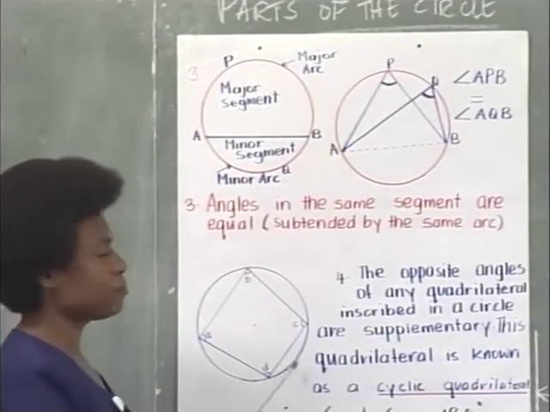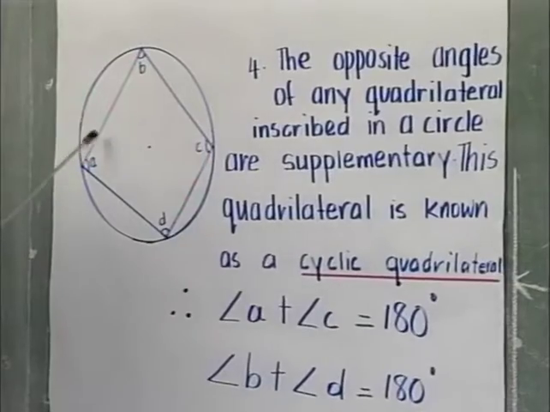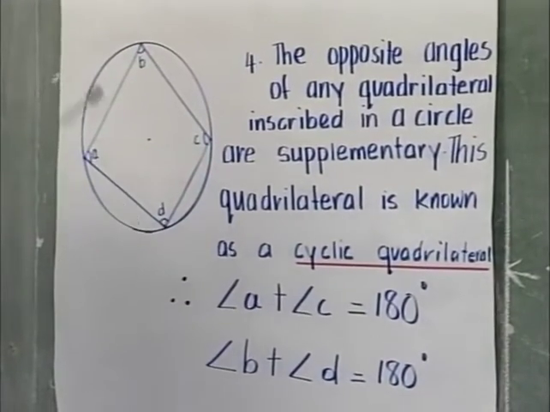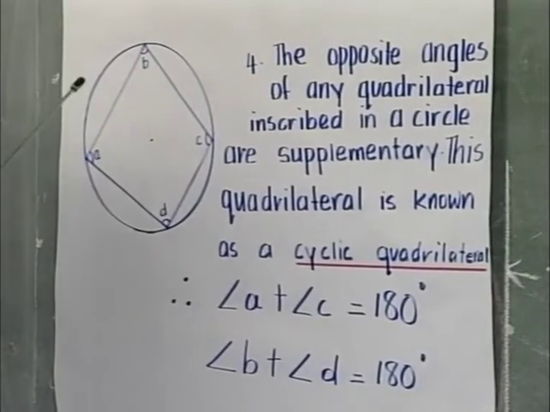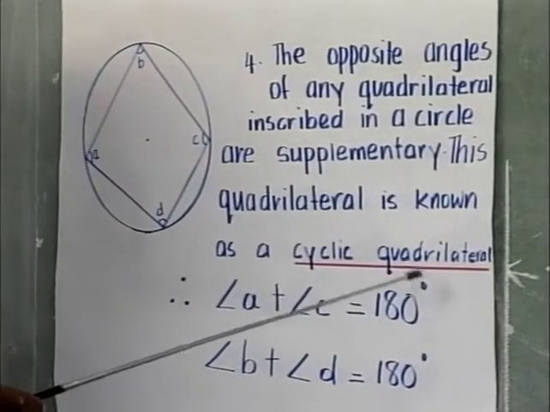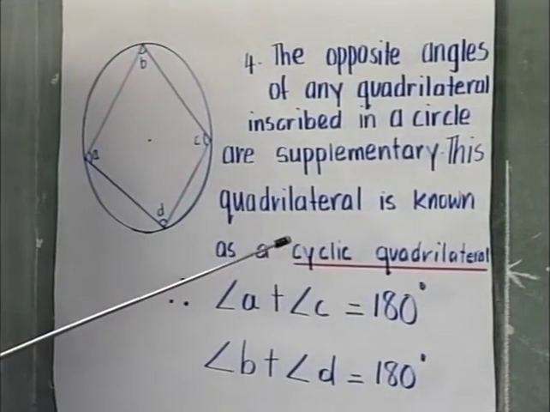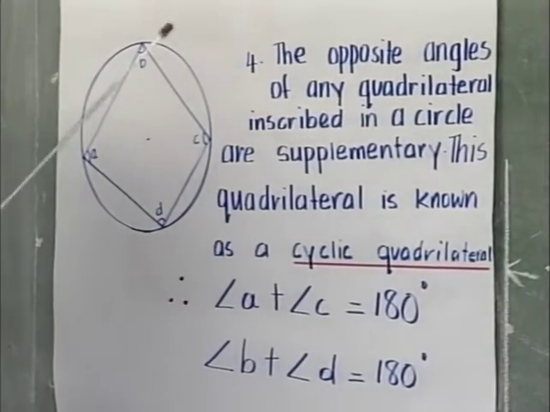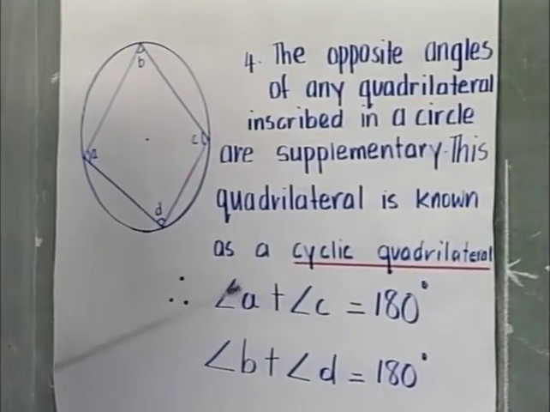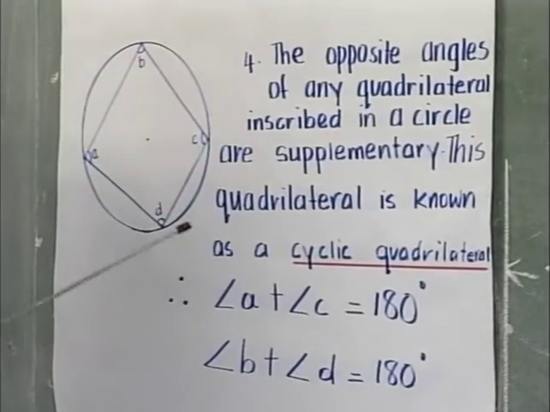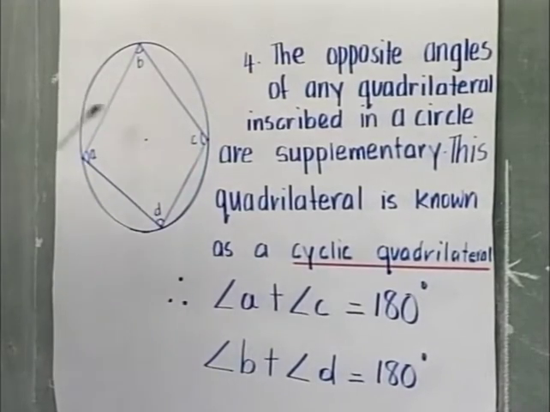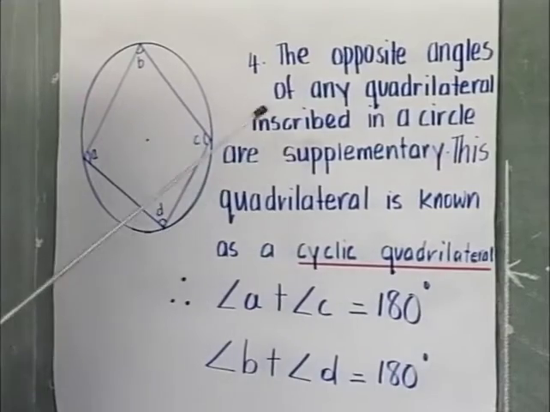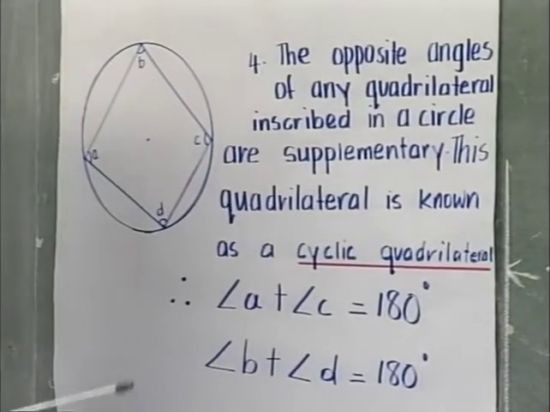All right, property 4 here. This is a quadrilateral inscribed in a circle. This quadrilateral is called a cyclic quadrilateral. The property about cyclic quadrilaterals and their angles is that the opposite angles of any quadrilateral inscribed in a circle are supplementary.